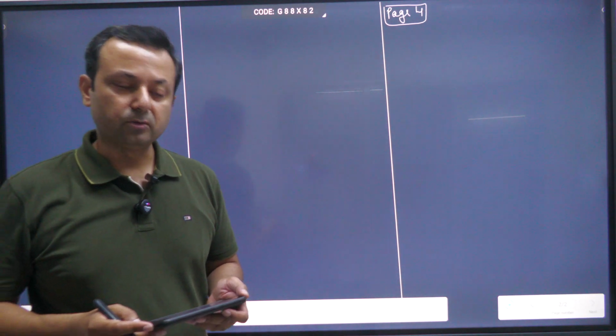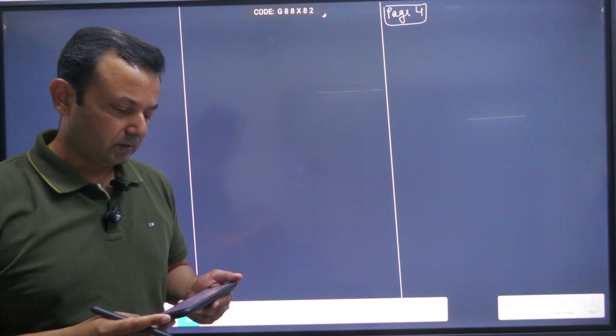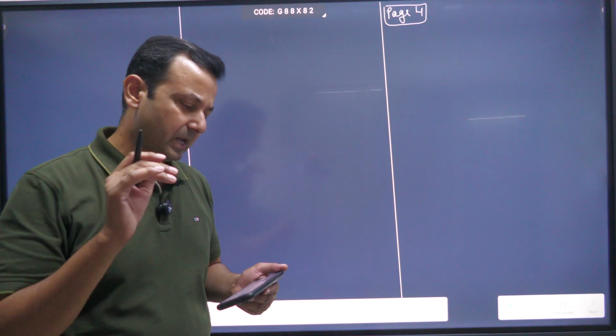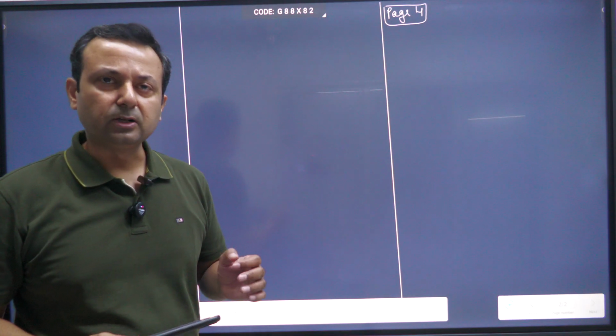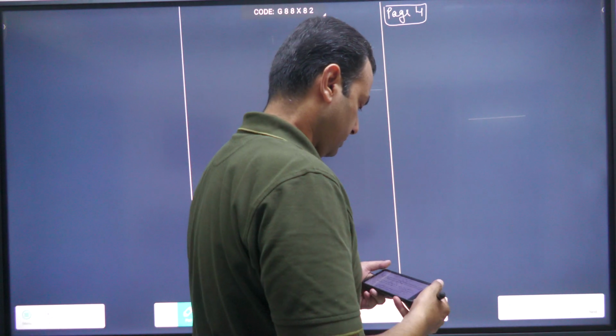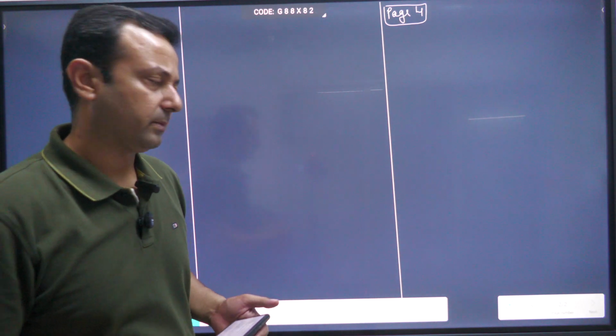If a body gives out 10 to the power 9 electrons every second, how much time is required to get a total charge of 1 coulomb from it? We have a body, and that body gives out 10 to the power 9 electrons every second. So how much time is required to get a total charge of 1 coulomb from it?